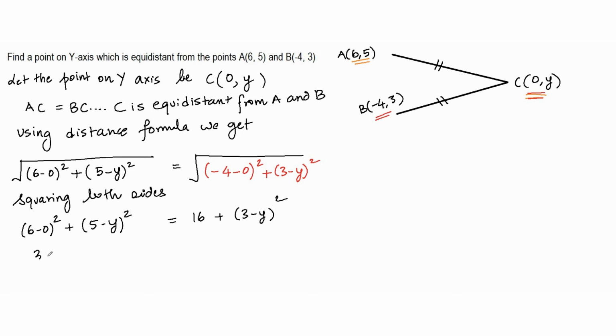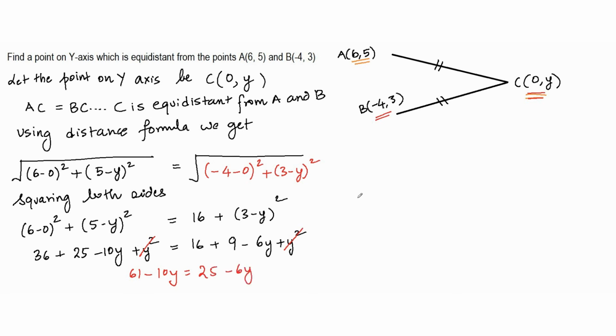So 36 plus (a minus b) the whole square is a square minus 2ab plus b square, is equal to 16 plus (3 minus y) square becomes a square minus 2ab plus b square. And now y square cancels from both sides. So 36 plus 25 becomes 61 minus 10y is 16 plus 9 is 25 minus 6y.